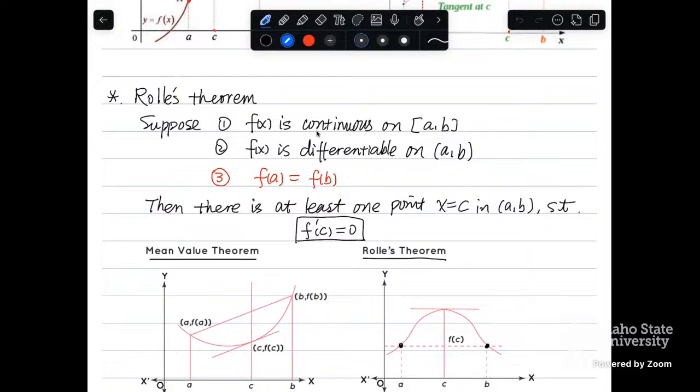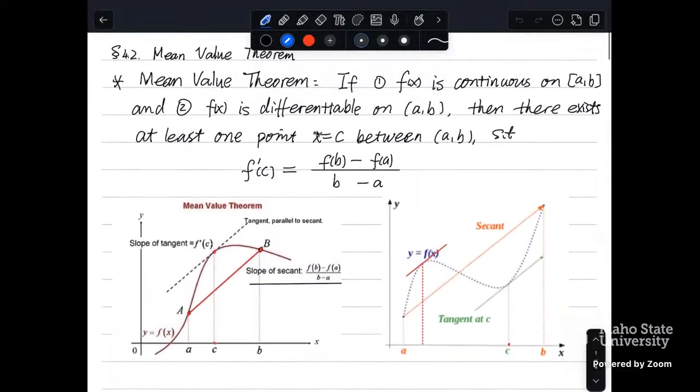Why? Because if you look at the mean value theorem, if f of a equals f of b, what do we get for the slope of the secant line? It should be 0, right? Because if you look at the right hand side of this equation, if f of a equals f of b, this equals 0.